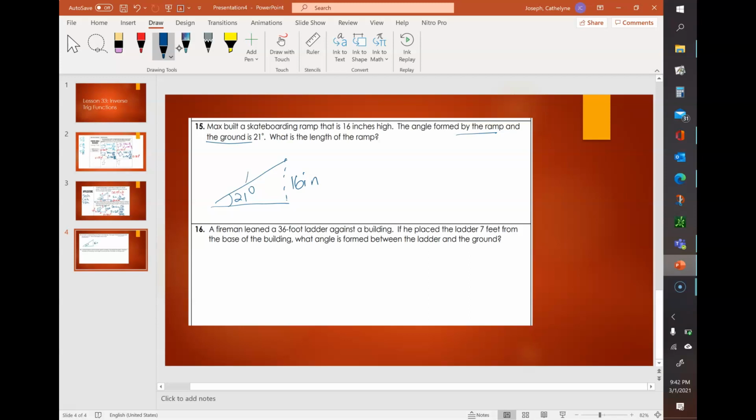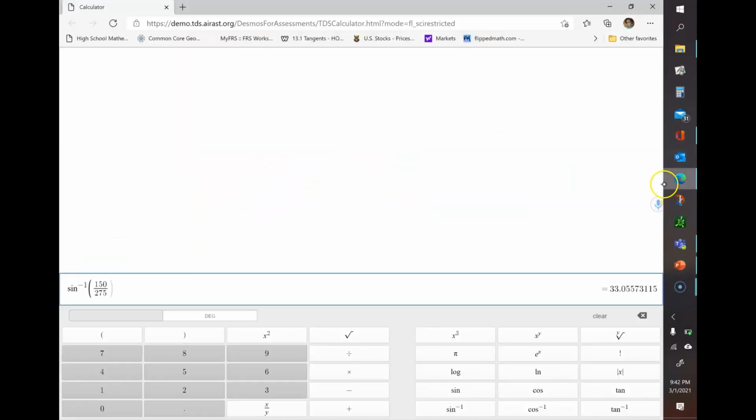Again, this is going to be our x right here. Always label if this is my angle: O, H, and A. So then here we have sine, opposite over the hypotenuse. So we have sine of 21 degrees equals 16 over x. And now we switch them in place. So now we can go ahead and plug that into our calculator.